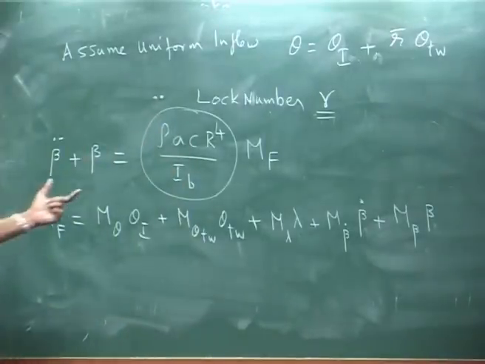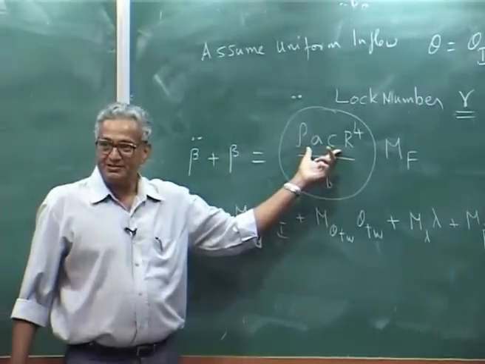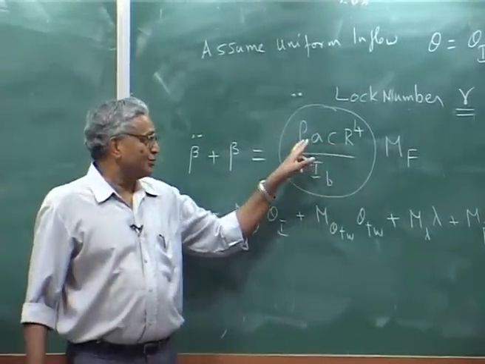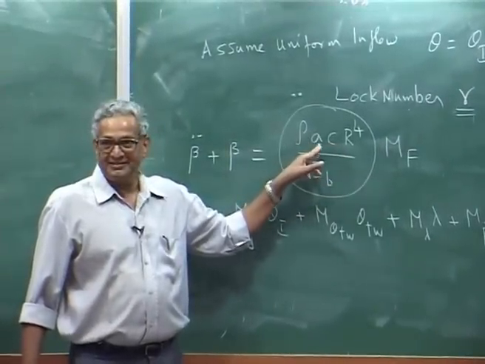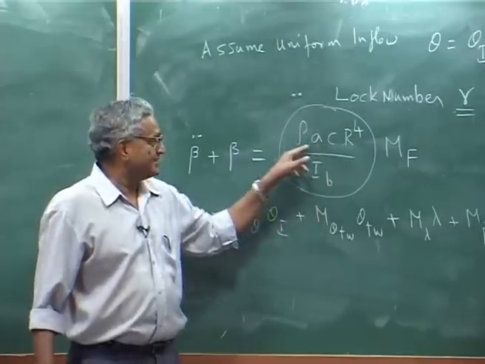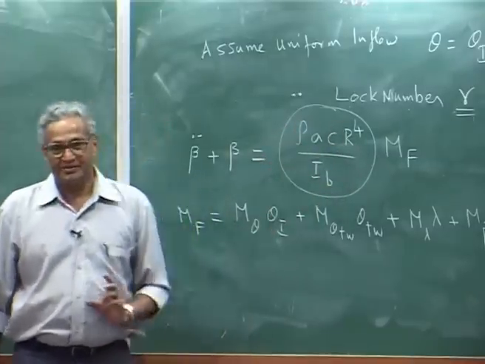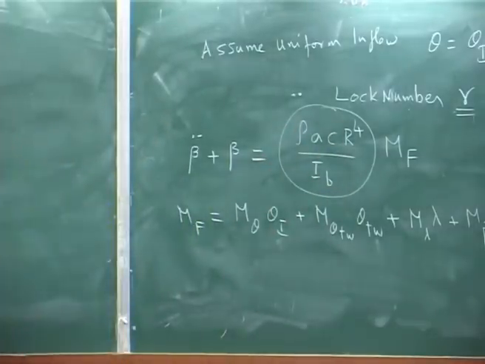This is the aerodynamics, because rho a is the lift curve slope, density of air. So this is aerodynamics, this is inertia. So the Lock number represents the ratio of aerodynamic force to inertia force of the blade.